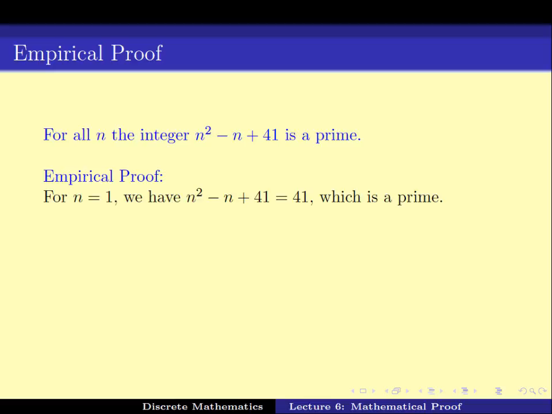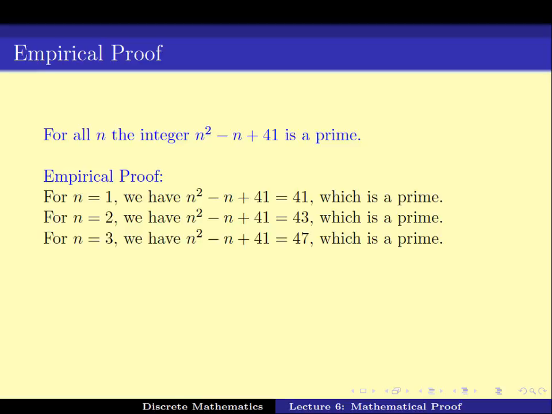Great. If n equals 2, once again, n square minus n plus 41, this is 43, which is also a prime. n equals 3, you can check that again we get n square minus n plus 41 which is equal to 47, which is again a prime.